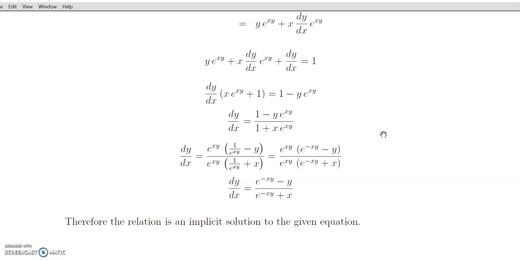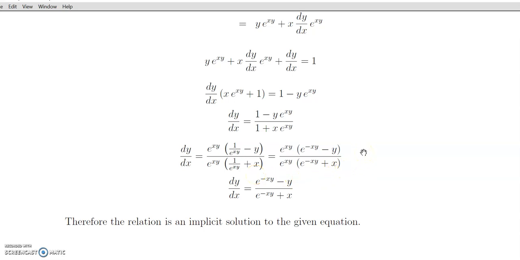So to write it in that form, we factor out e^(xy) in the numerator and in the denominator. So if we factor e^(xy), we get the derivative of y with respect to x equals e^(xy) times (1/e^(xy) - y) over, and down here we get e^(xy) times (1/e^(xy) + x).